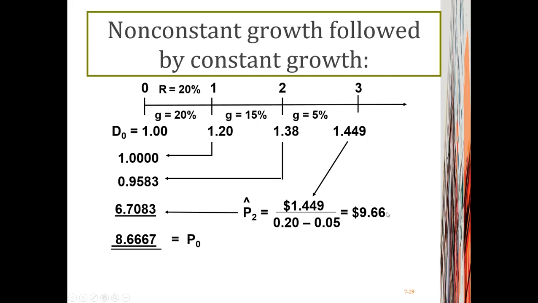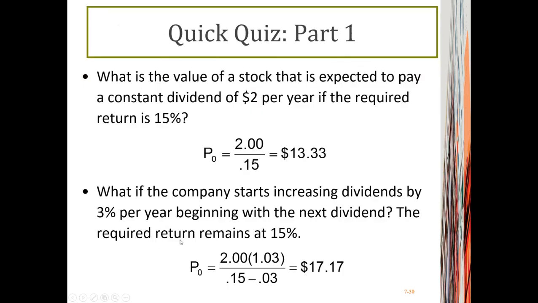And also we need to discount this value back to today to get a present value, $6.70. Right? So when we add up the present values of all three cash flows, we get the current stock price estimation.